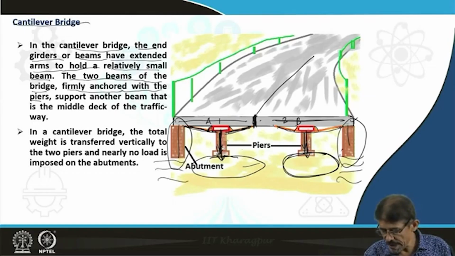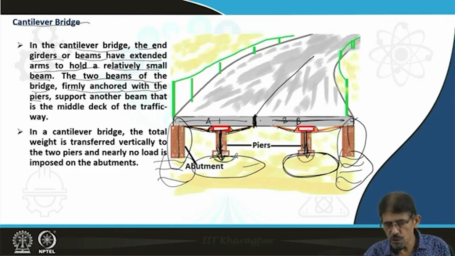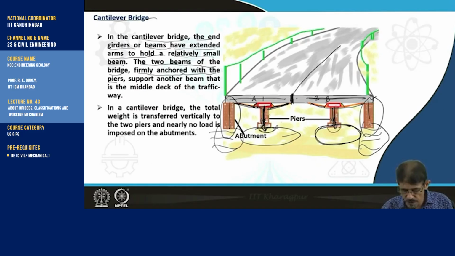If the strata nearby is weak, it can be manageable, because the major load is almost totally transferred through these piers. Therefore, the foundation structure of such piers should be very well designed and able to transfer the whole load to the strata.